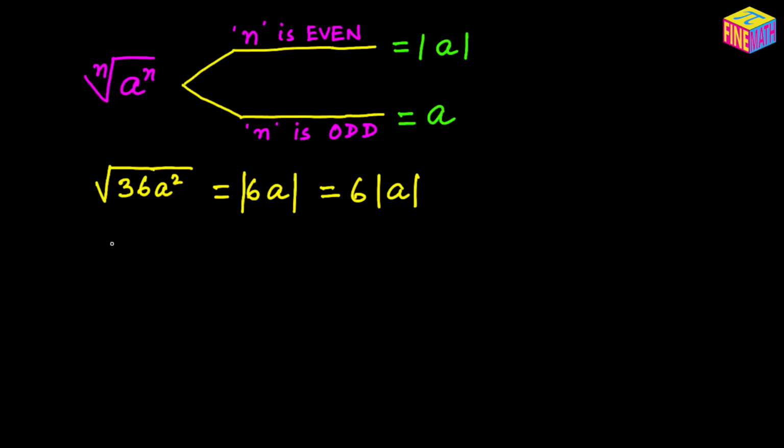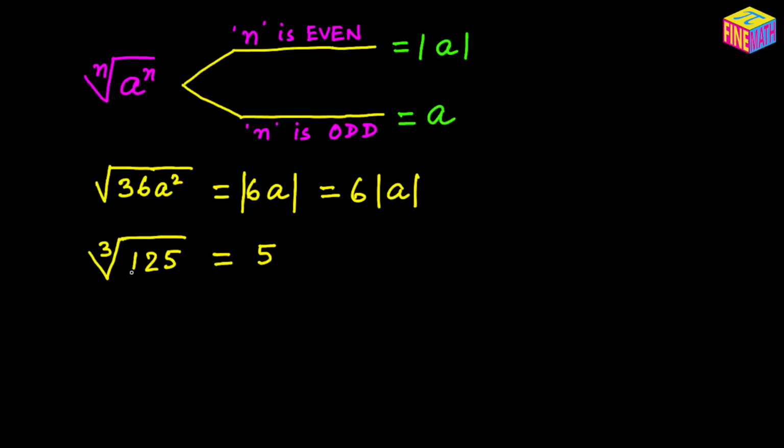But if we had, for example, a cube root, so I am taking an odd root here, meaning the index is odd. Say cube root of 125, right? And we know that this is going to be cube root of 5 cubed. 125 is 5 cubed, so this value can be written as 5 without any modulus sign, because in this case n is odd.